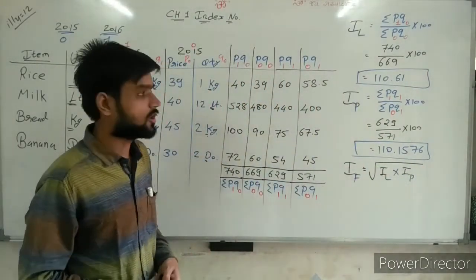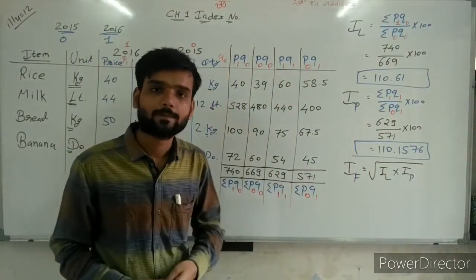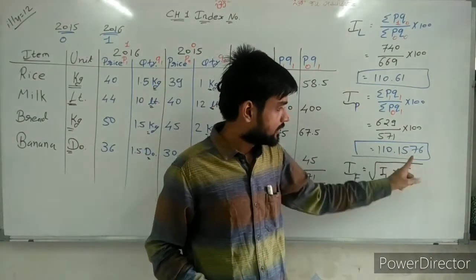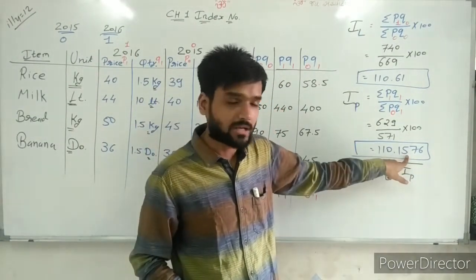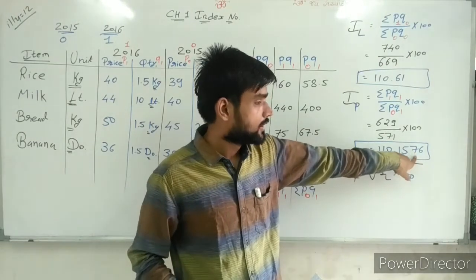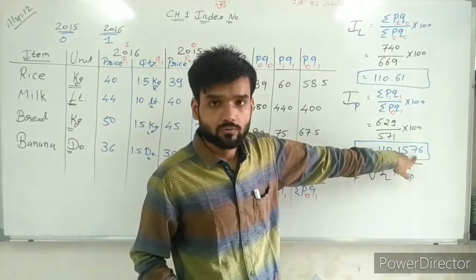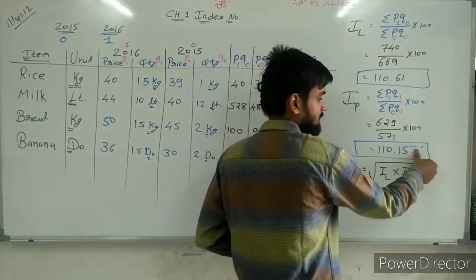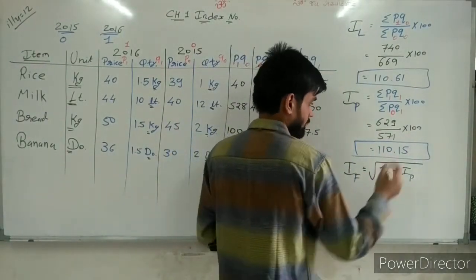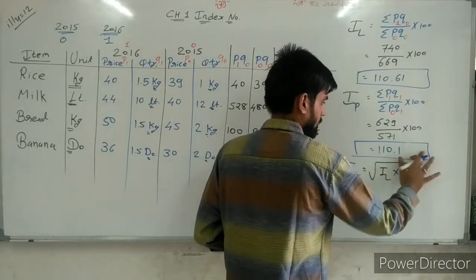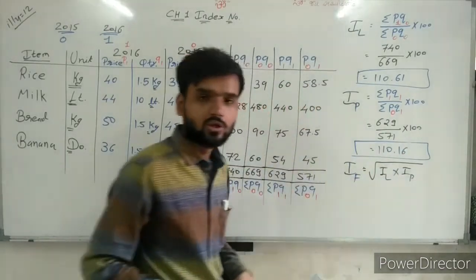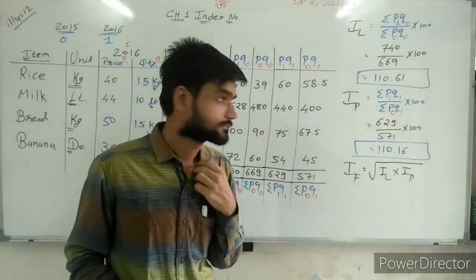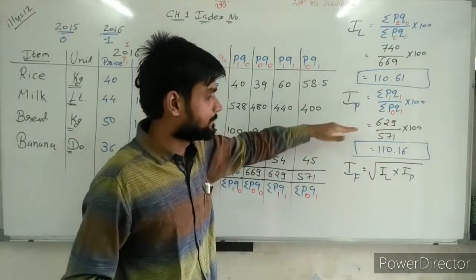This is the answer of Paasche index number. Now here also, if I am writing 2 digits, then the third digit is more than 5, so I can add one digit and cancel it. So I can write 110.60. So that is the last pair Paasche.